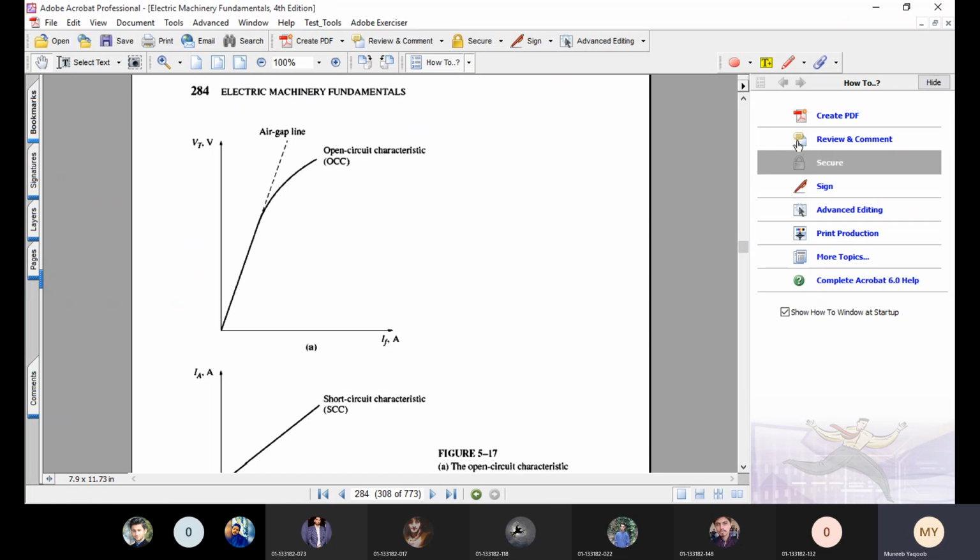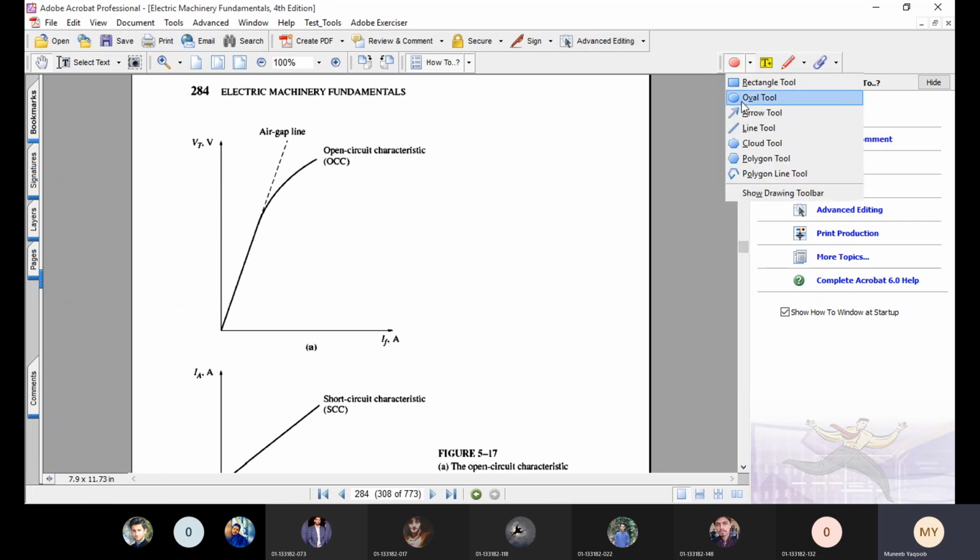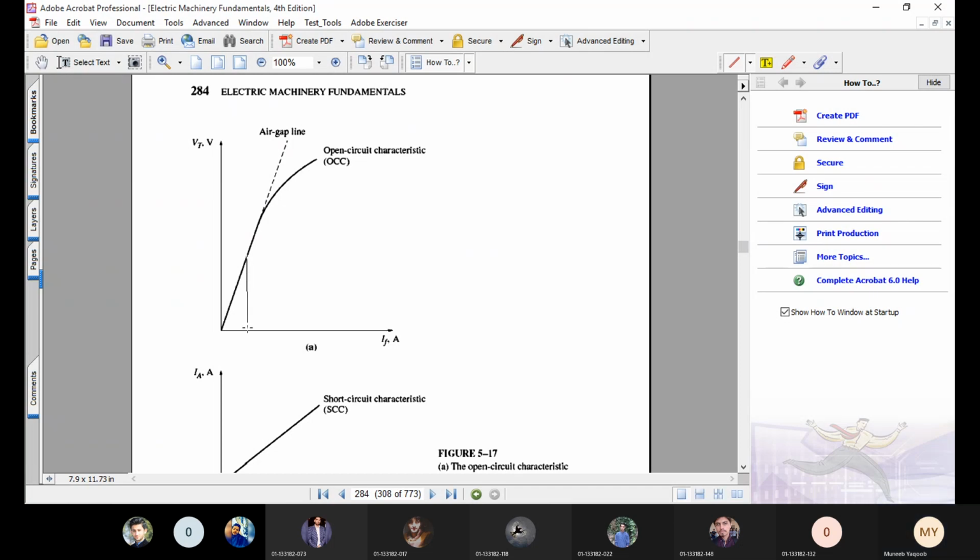For example, if we consider this point, so this would be the field current, and this would be the terminal voltage. Now from the terminal voltage we can easily compute the internally generated voltage.